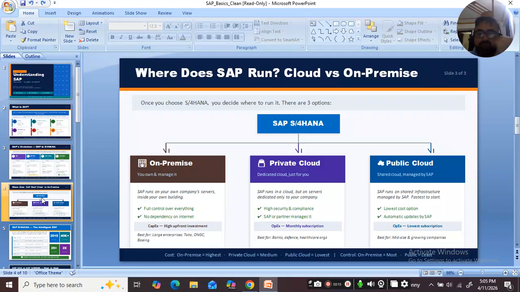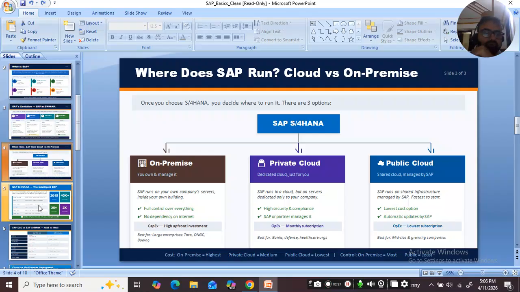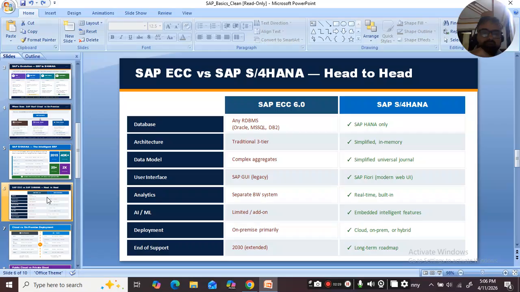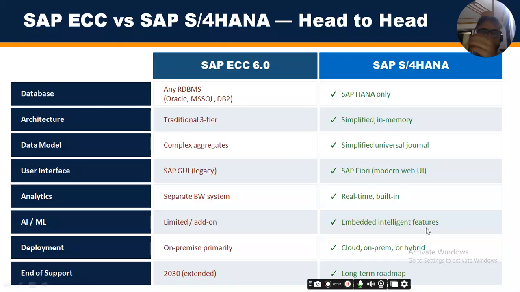And I promised that I will create one more video where we will discuss SAP S4 HANA, private cloud and public cloud deeply. Now I have created a few more slides for this session. So, SAP ECC versus SAP S4 HANA. We will discuss each and everything right over here.